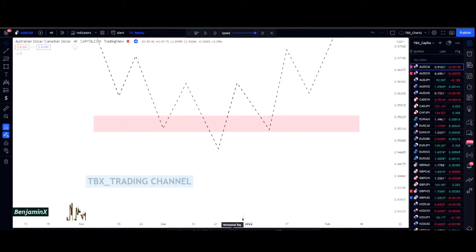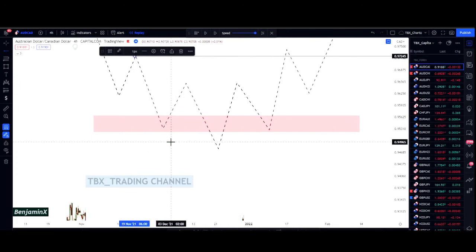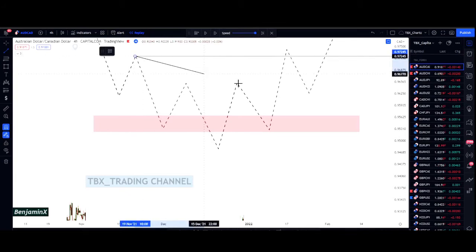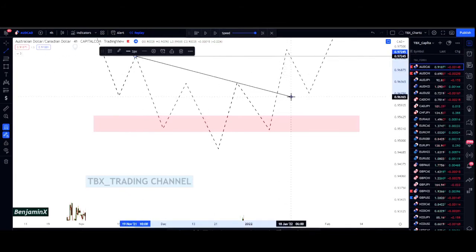You are going to need price to be giving us something bearish like this, and you're going to want to be seeing something like this in your indicator.